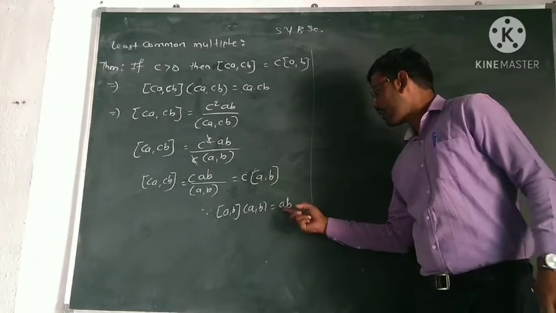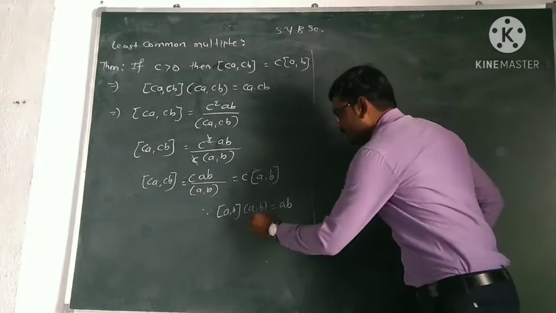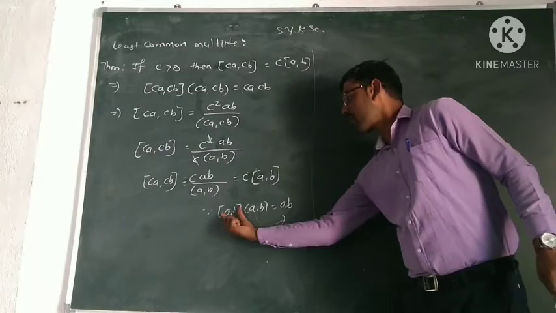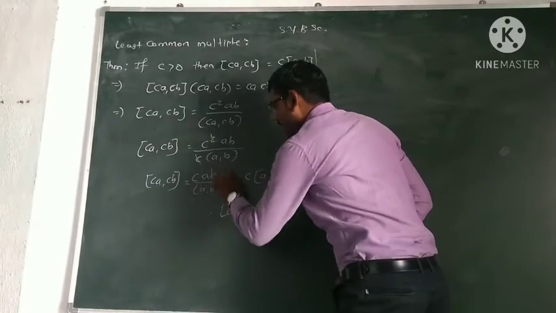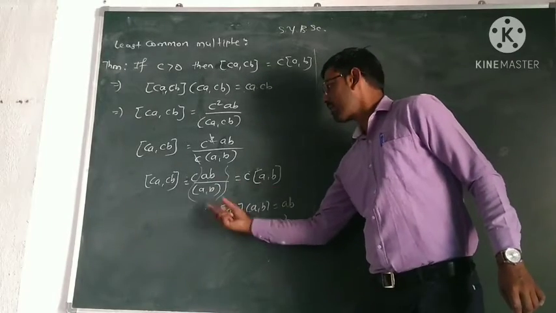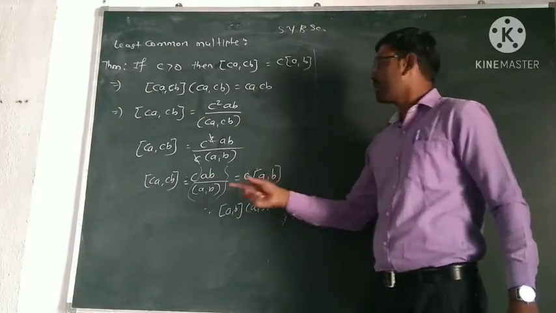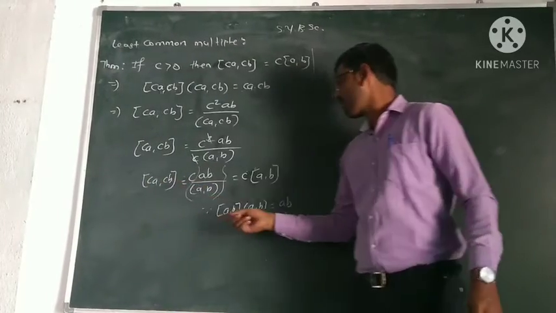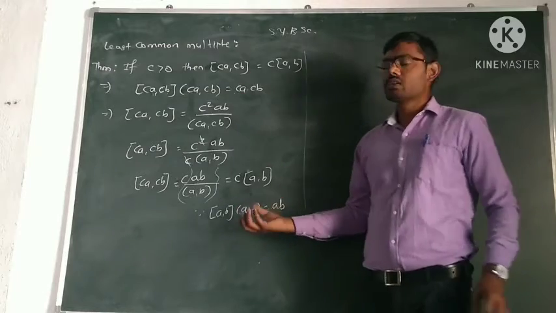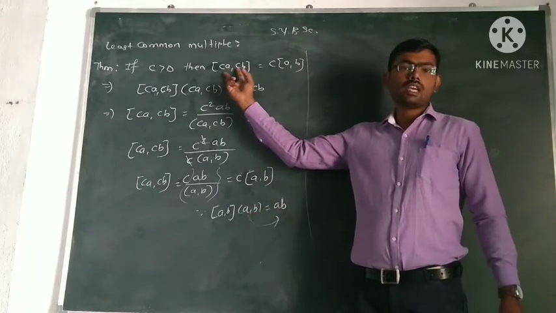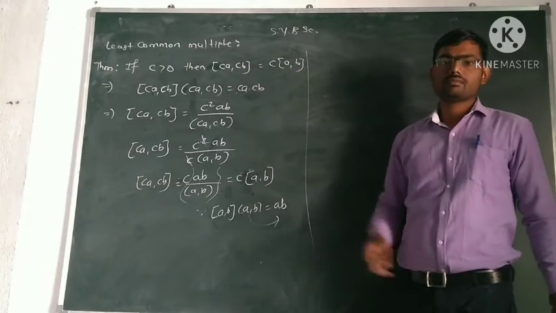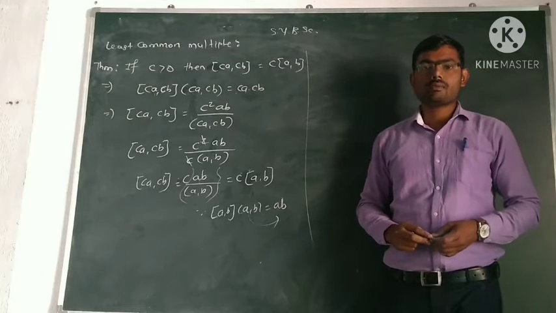So C into LCM of AB, that is, LCM of CA and CB is equal to C into LCM of A and B. This is one property of least common multiple: LCM of CA and CB is always equal to C times LCM of A and B.